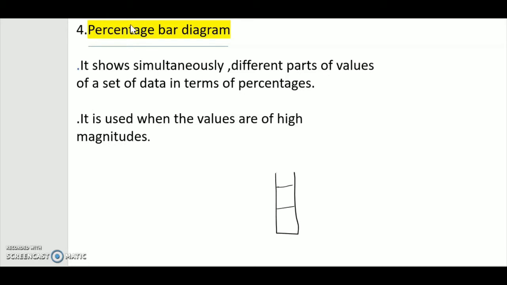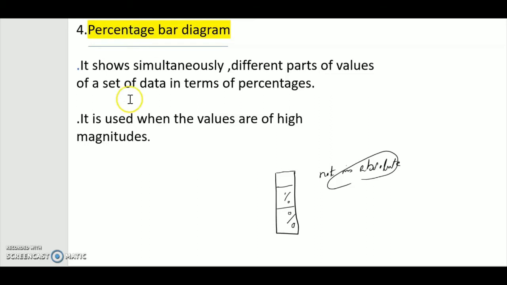As in the component bar diagram itself, we are dividing into different parts. But the difference is here we are representing the values in percentage, not in absolute value. That is the most important point, not in absolute value. So that is the main difference.